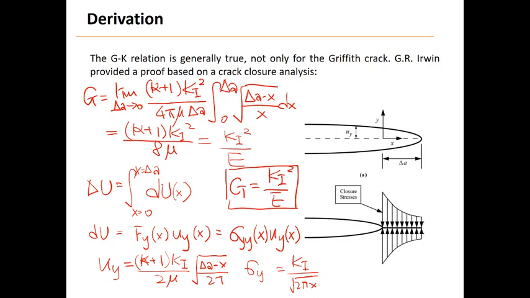Sometimes it's easier to find Ki, so I'm going to show you later on some solutions on Ki that we've computed and people have studied before, and we can vice versa calculate the energy release rate, right? So in the literature, most people use the stress intensity factor.